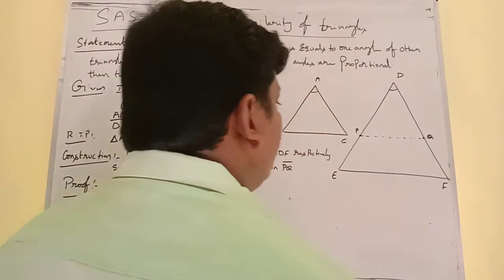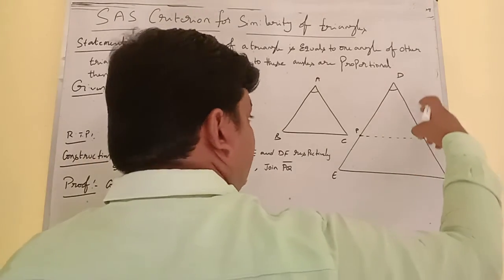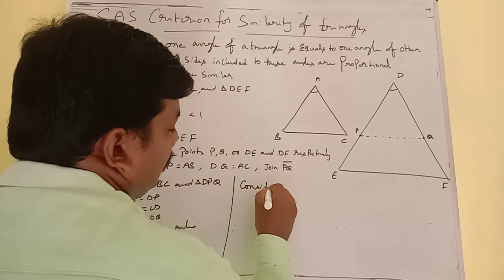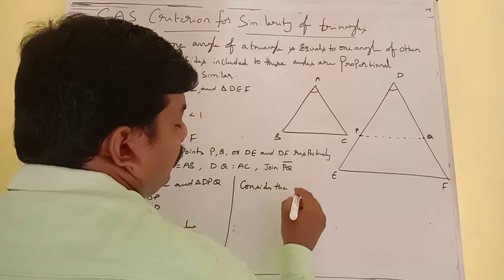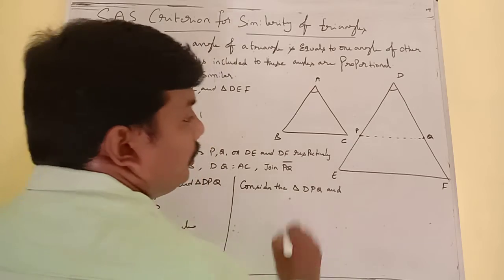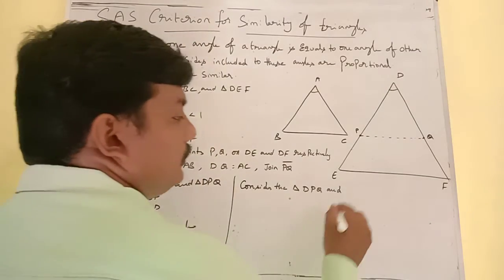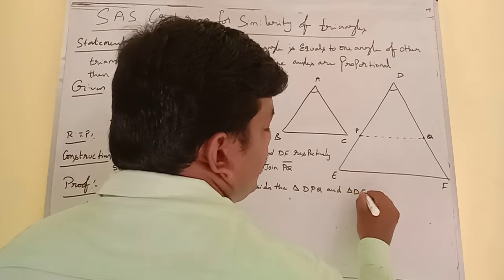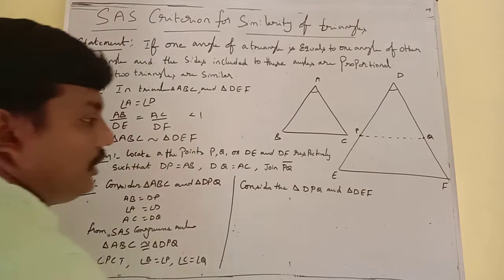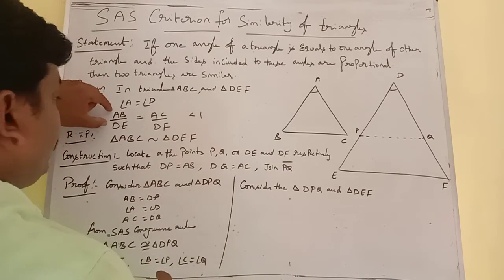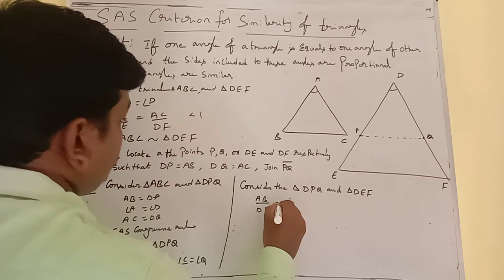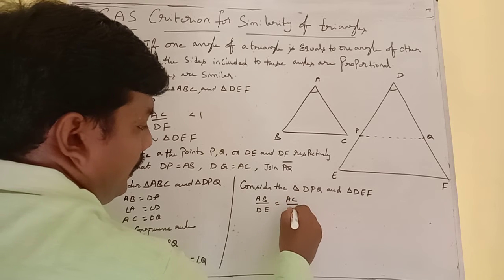Now I am going to consider the triangle DPQ and triangle DEF. These two triangles we need to consider. Also consider the first ratio, that is AB by DE is equal to AC by DF.